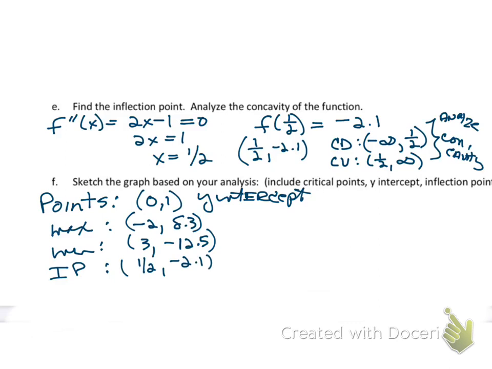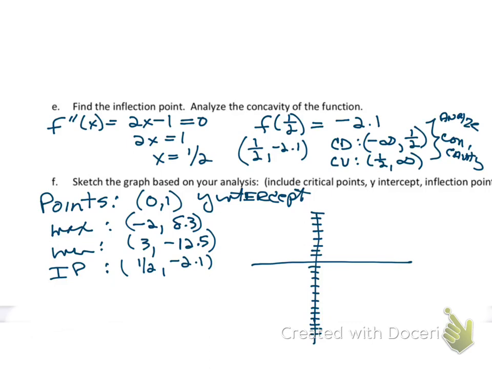Okay, so get yourself a little graph. Okay, and it's just going to be a sketch, so you don't have to be completely accurate. So let's see, I had to get up to 8 here, so 1, 2, 3, 4, 5, 6, 7, 8. I need to get down beyond 12. 1, 2, 3, 4, 5, 6, 7, 8, 9, 10, 11, 12.